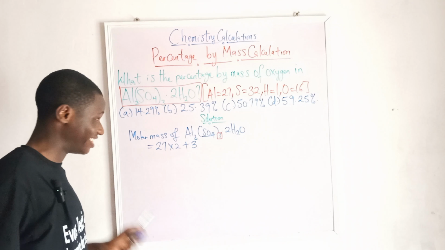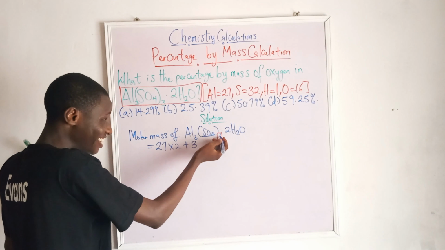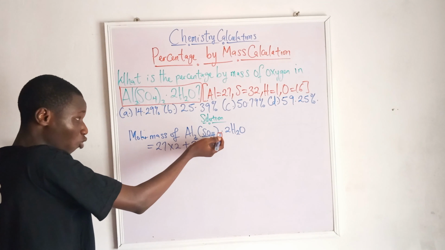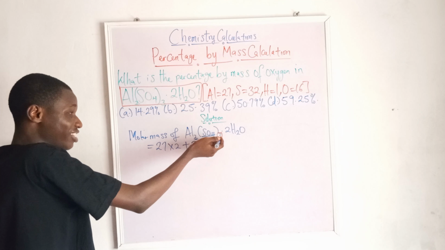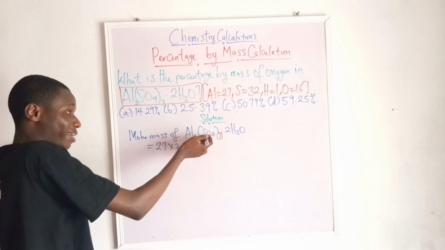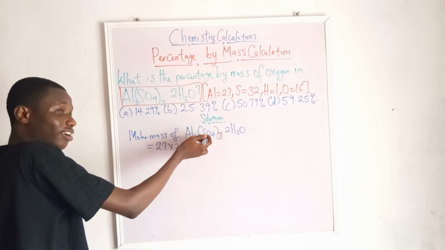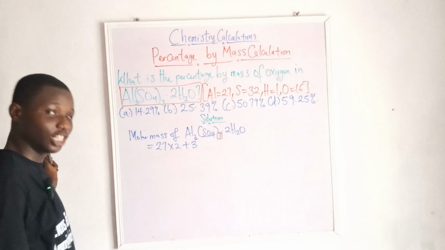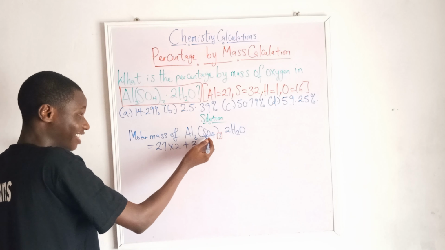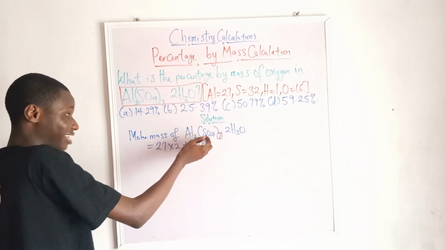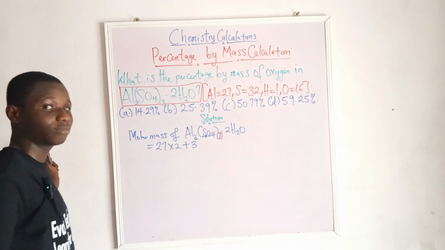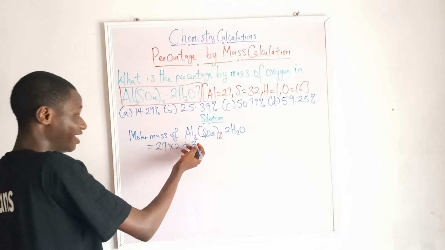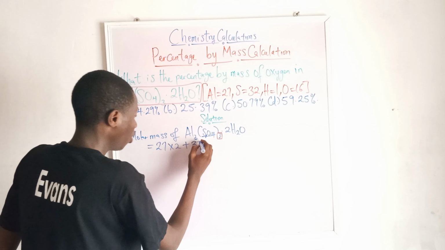Do you understand what I did? The 3 here, you can use it to open the bracket. That is 3 times 1, 3 times 4. Because there's nothing written here, it means this place is 1. So it's 3 times 1, 3 times 4. You start with 3 to make your work easier, and you now open the bracket.